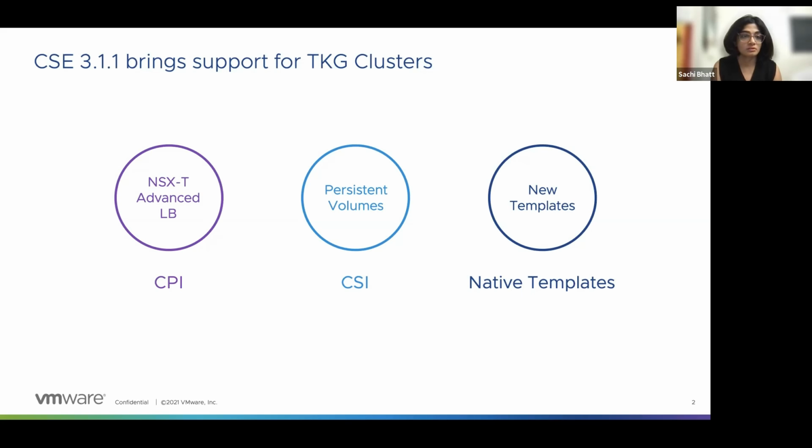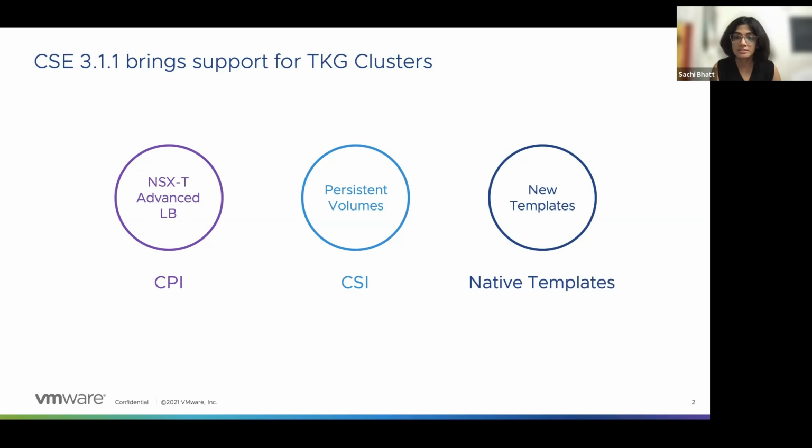One is the CPI plugin that will work in conjunction with NSX-T Advanced Load Balancer to create virtual services for your applications running on the Kubernetes cluster. And the CSI plugin will work to provide persistent volumes or named disks on your existing storage when you are creating volumes on the Kubernetes cluster.